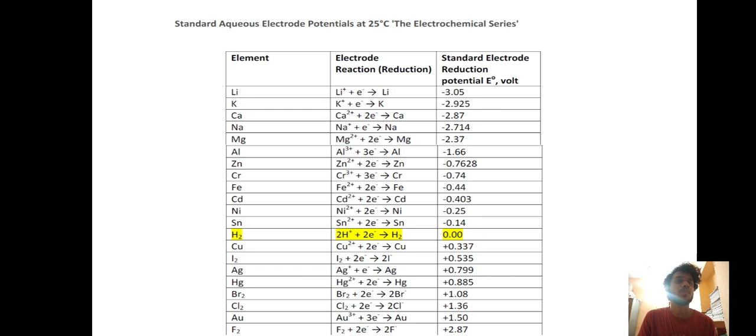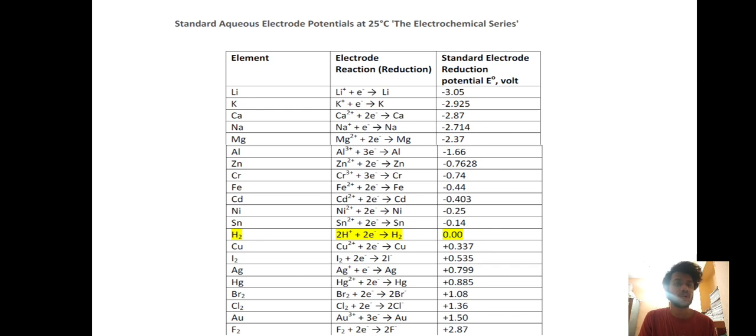K, potassium, K plus e minus gives K, standard electrode reduction potential minus 2.925. Ca plus 2 electrons, Na plus electrons, Mg plus 2 electrons, Al plus 3 electrons, Zn plus 2 electrons. Their values are standard electrode reduction potentials in volts.